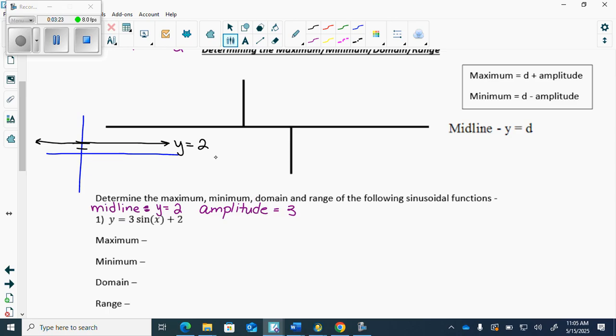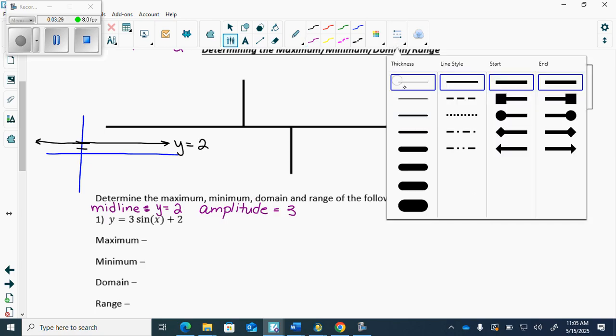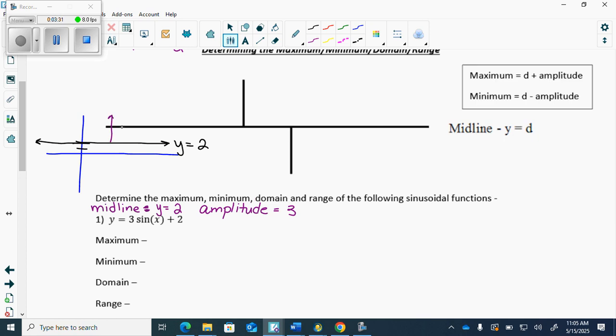Then we have an amplitude of what? 3. So that means we're going to go up 3 from 2. So what's our max at? 5. And we're going to go down 3 from 2. We're going to go down 3 from 2, and what are we going to get to? -1.